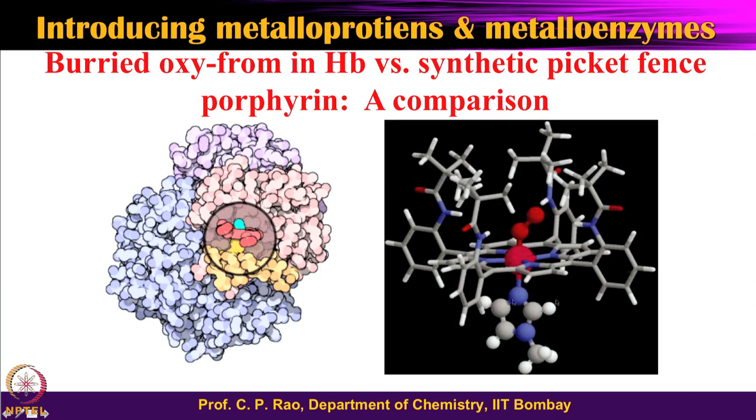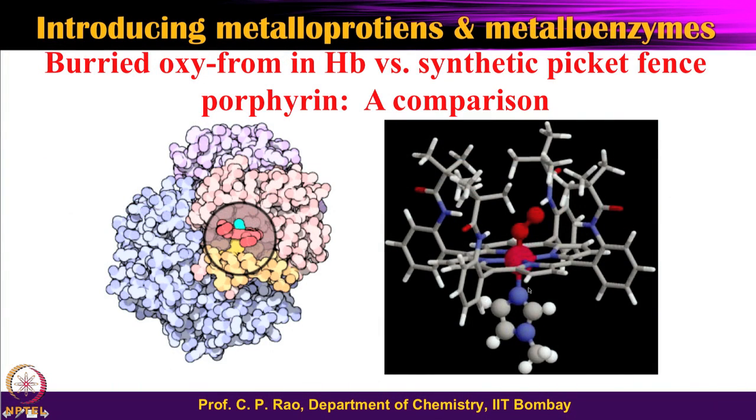Similarly, people have looked at, can we make some kind of a mimic to this? So, what they have done was, this is just the simple porphyrin connected to the histidine, okay, and of course, there is an O2 here, and then on the periphery they have built certain units, so that it is a kind of a fence.